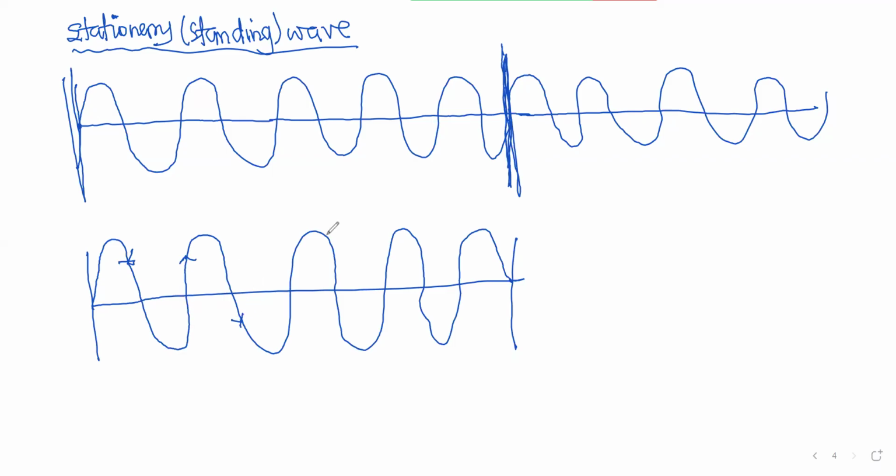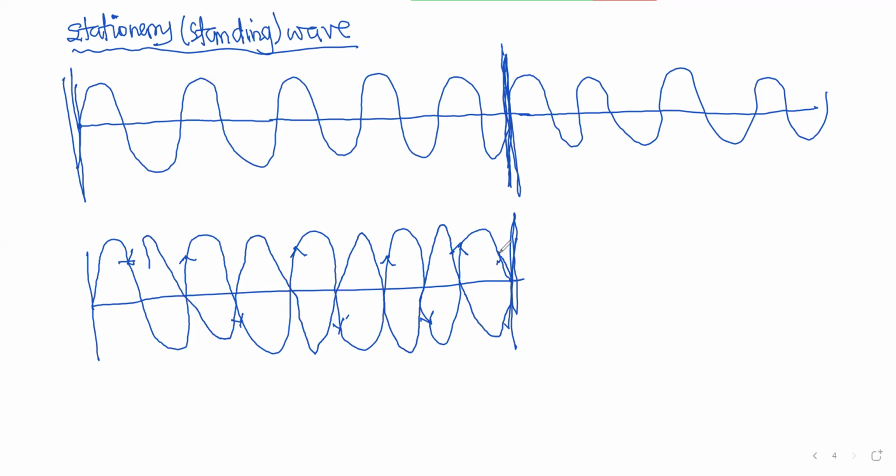Let's use the arrow to indicate incident. When the incident wave hits the wall built within the water medium, it will reflect back and interfere with the incident wave. So we have the incident. This is a reflected wave after hitting the boundary.